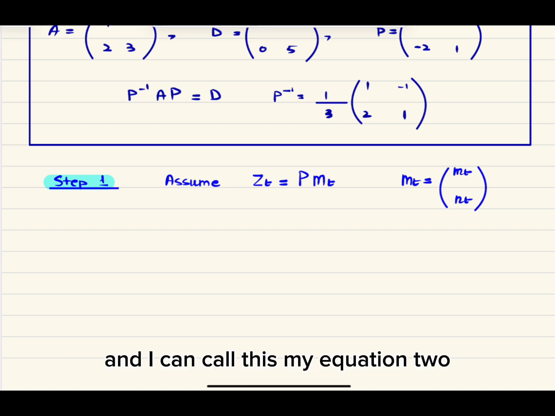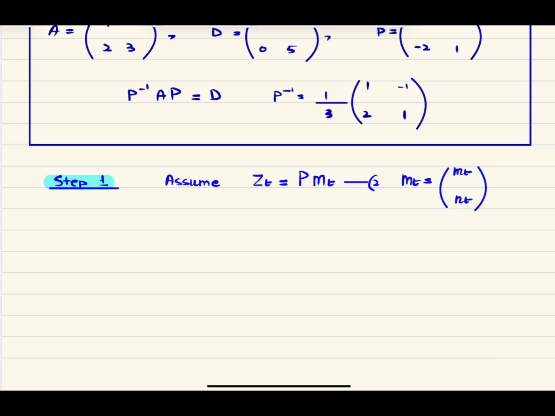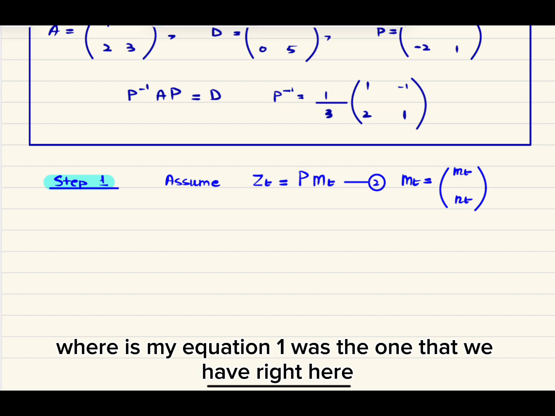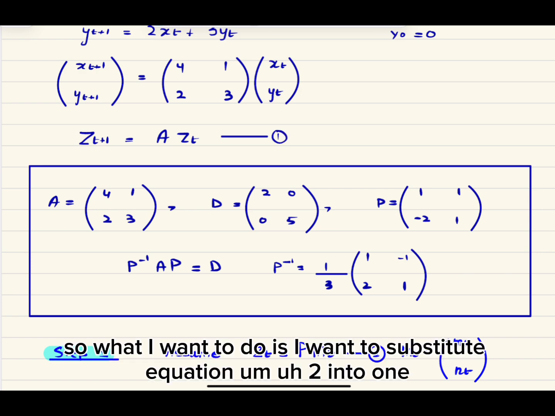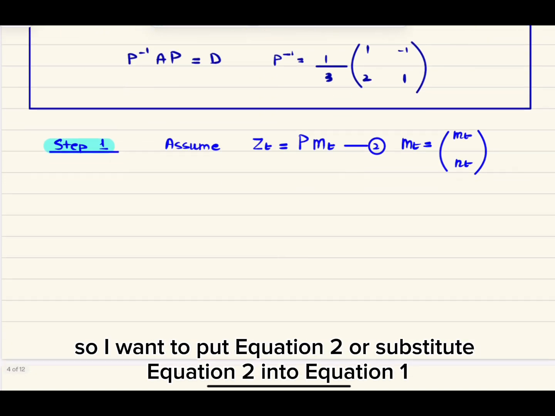I can call this my equation 2, whereas my equation 1 was the one we have right here. So what I want to do is substitute equation 2 into equation 1.